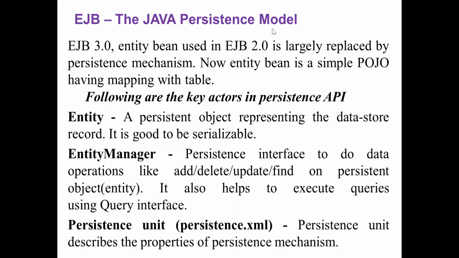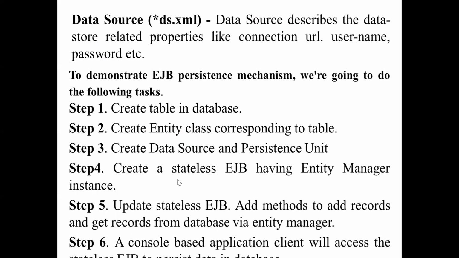In the examination, you may be asked, what is EJB? Explain the Java persistency model. You should write down the following key factors first: the entity manager, persistency unit, data source. When you create the data source, you can demonstrate the EJB persistency mechanism. So we are going to do the following tasks.